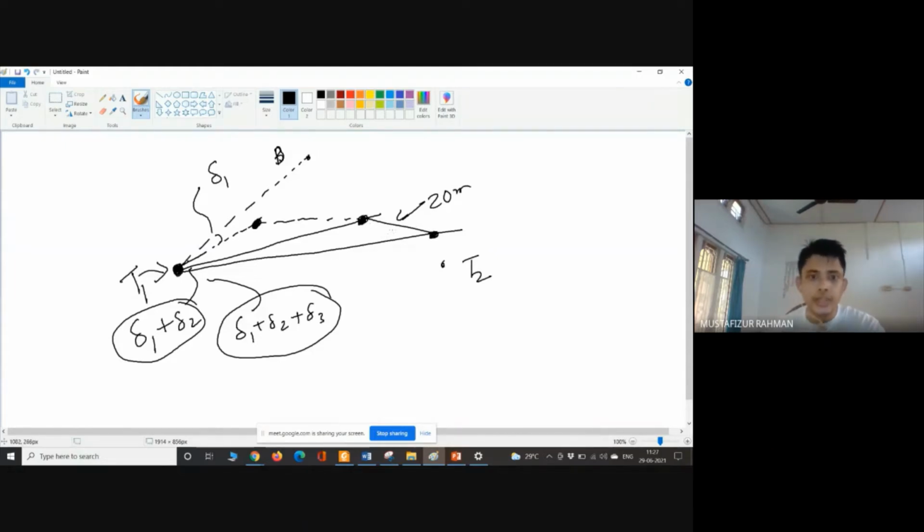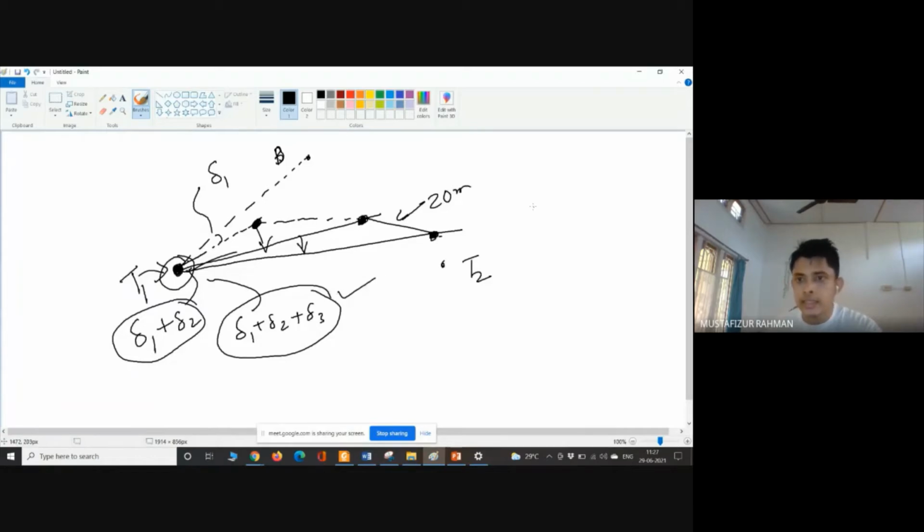This way also we can do. This way will be a little more convenient, because we are not changing the position of our angle measuring equipment. We are staying at only one position, say T1, and then we are changing the angles. We are adding the angles, getting the direction, and finding the different points.